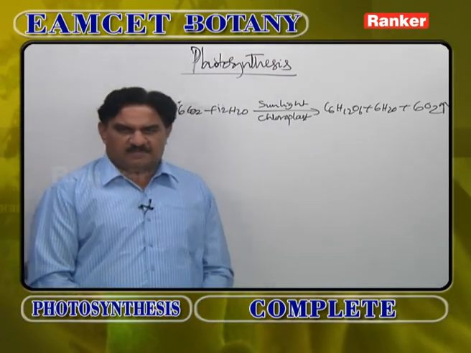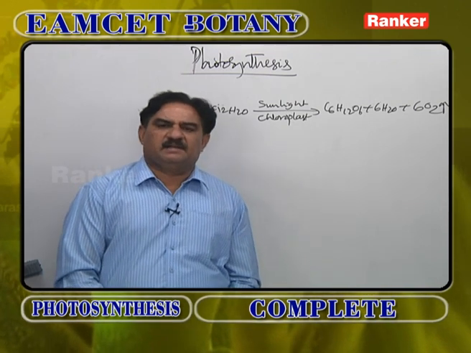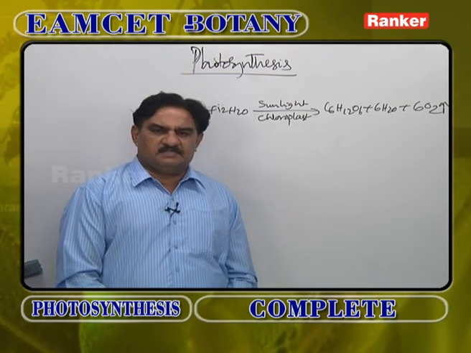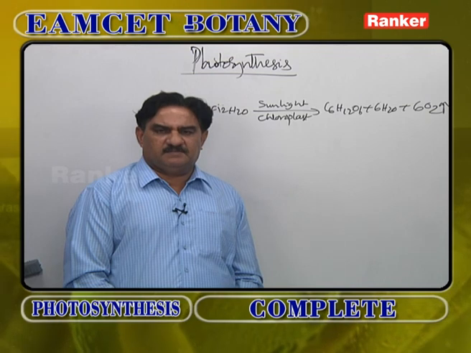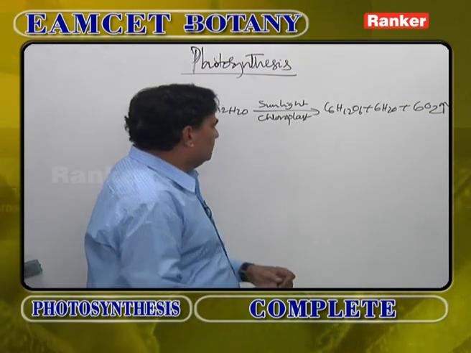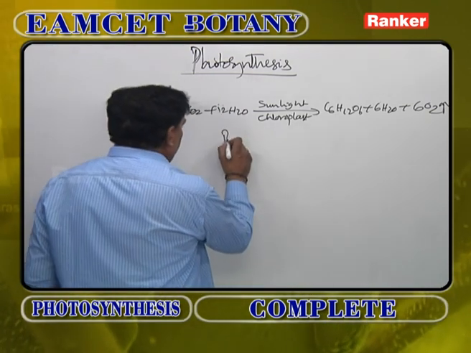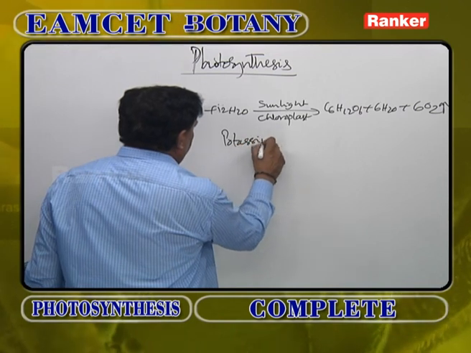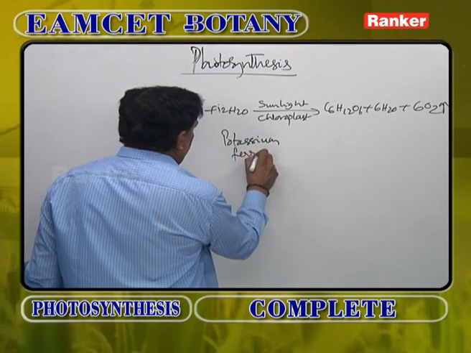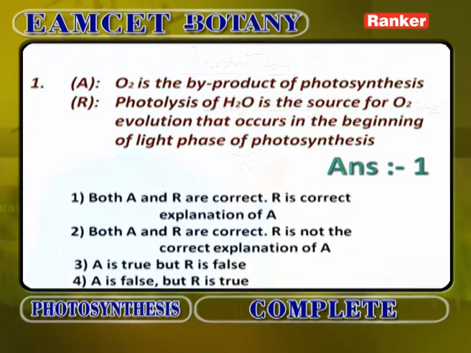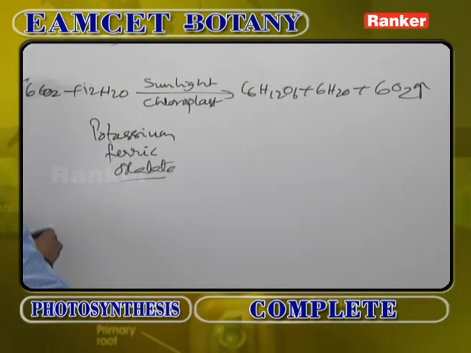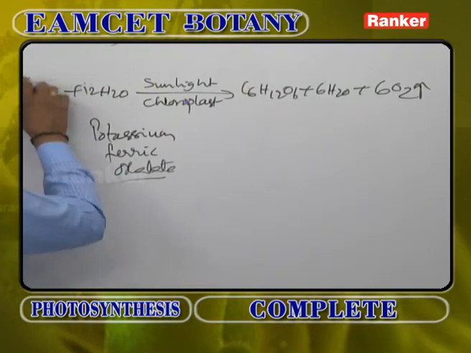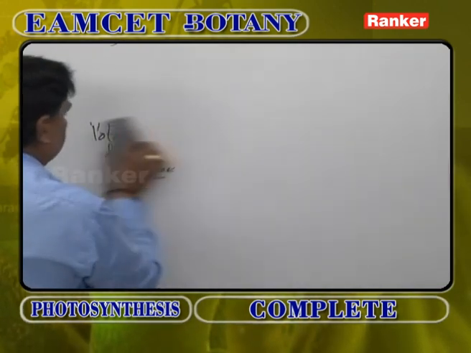Hill proposed that whenever a chloroplast is isolated and exposed to sunlight, with complete absence of carbon dioxide but in the presence of a hydrogen acceptor, the hydrogen acceptor used by Robert Hill being potassium ferric oxalate, the chloroplast liberates oxygen.